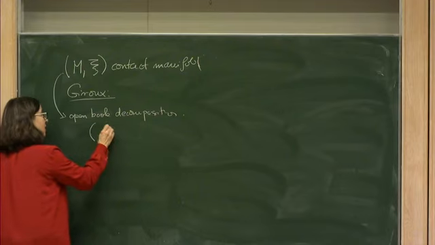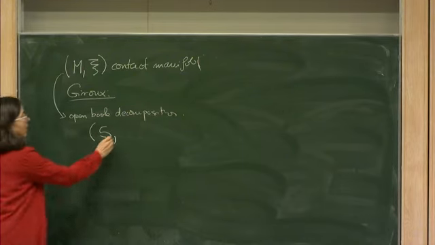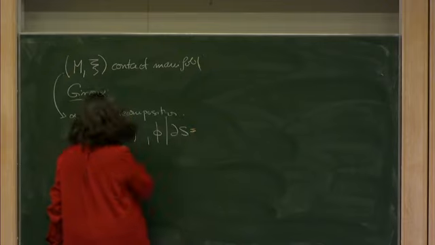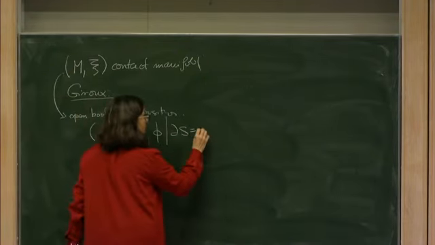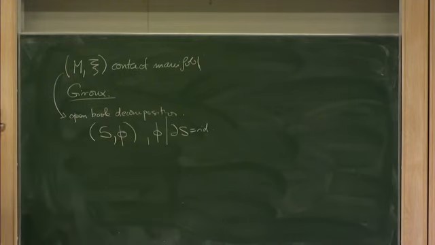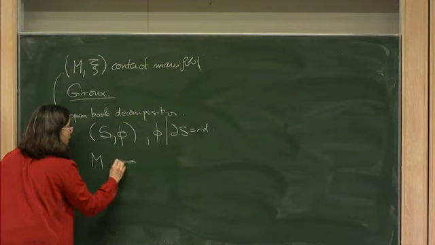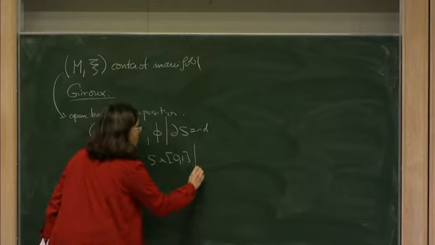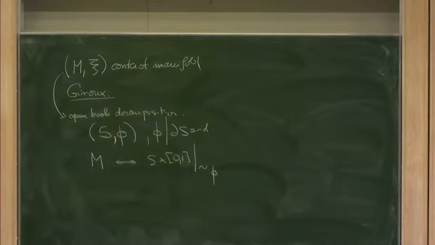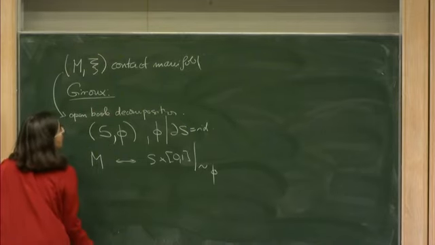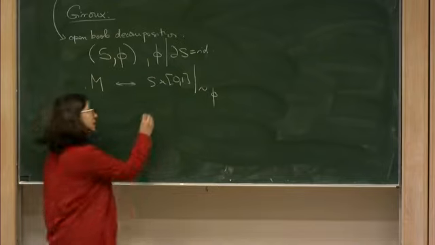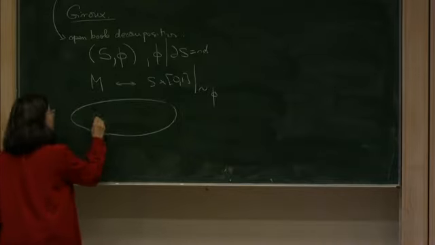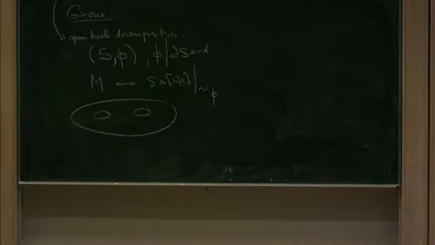It's a surface with a self-diffeomorphism φ, where φ restricted to the boundary is the identity, since this is a surface with boundary, and my M is diffeomorphic to S × [0,1] modulo an equivalence class induced by φ. What is this equivalence class? Let me draw S as planar, because then I can draw a real picture.